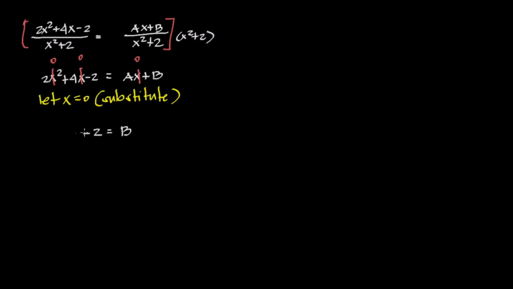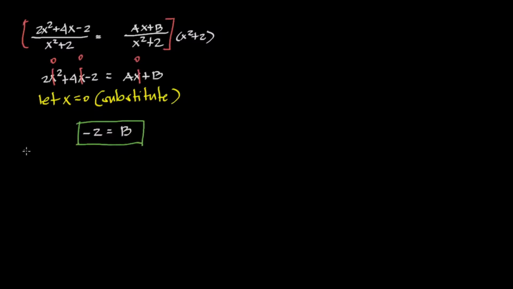So, ito yung sagot kay letter B. Then we have, we need to find the value of A. Paano ba? Since we already know the value of B, substitute na lang din natin sa original equation, given that x is equal to 0.